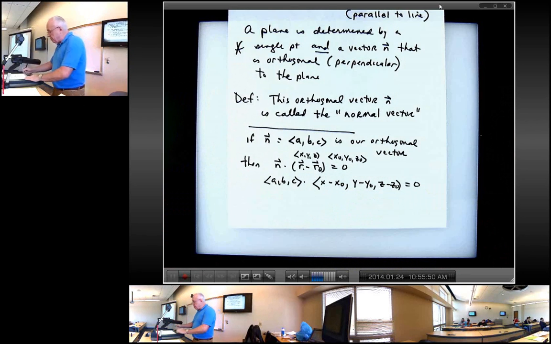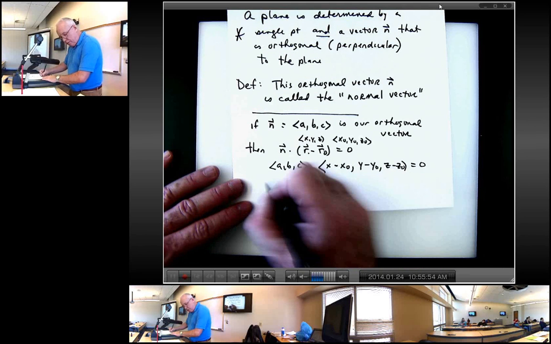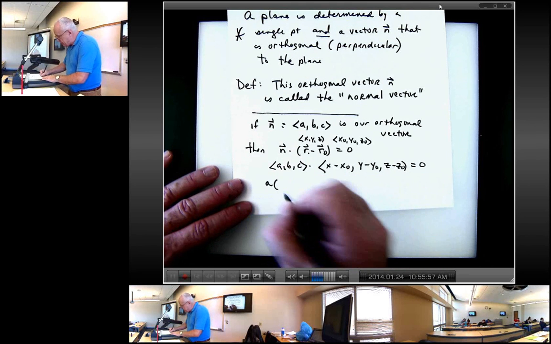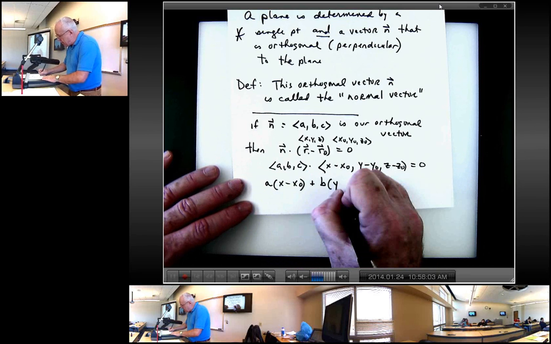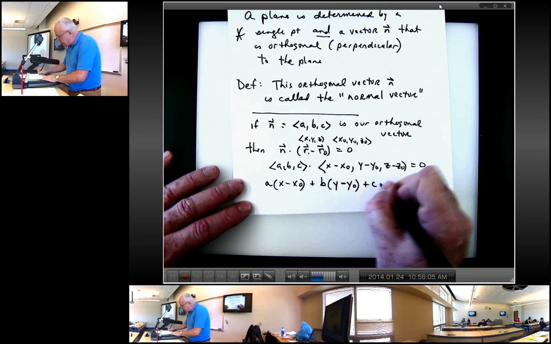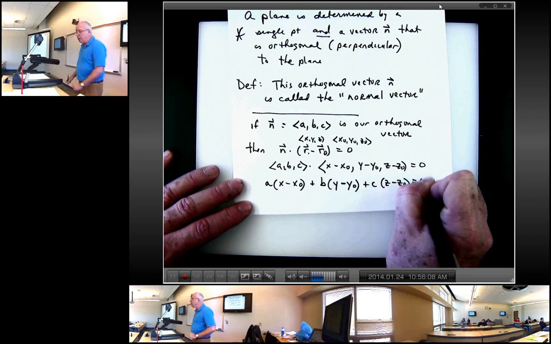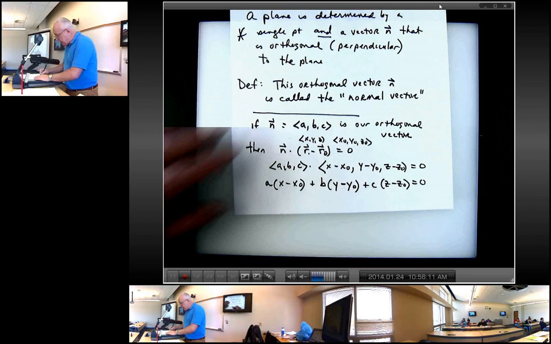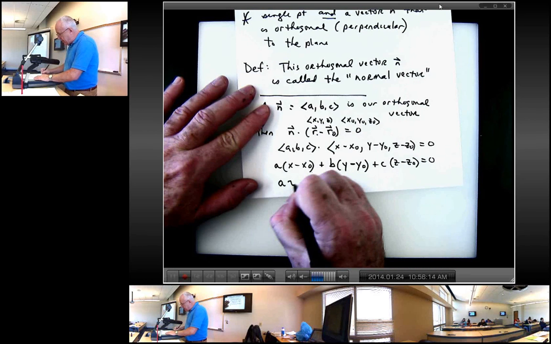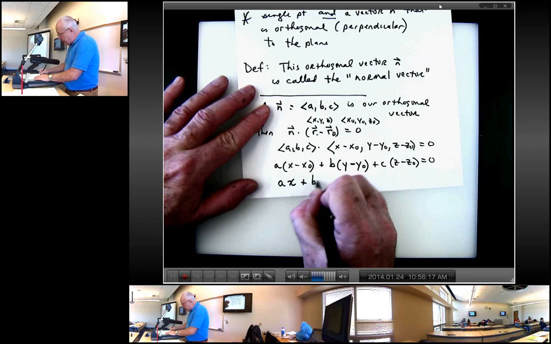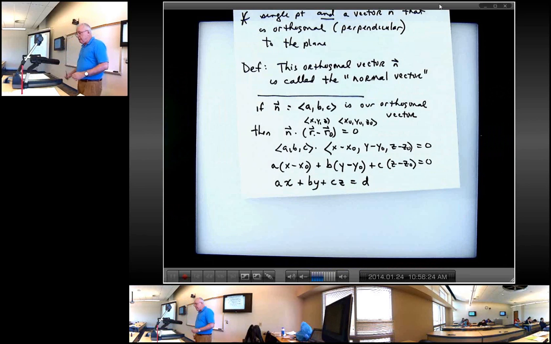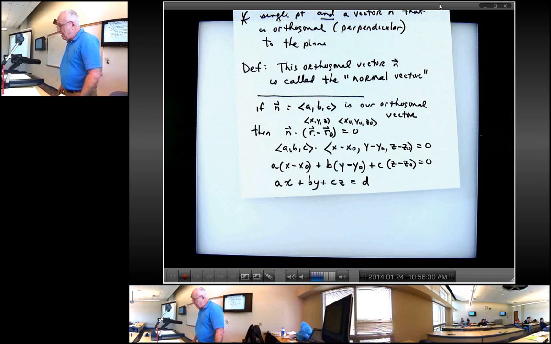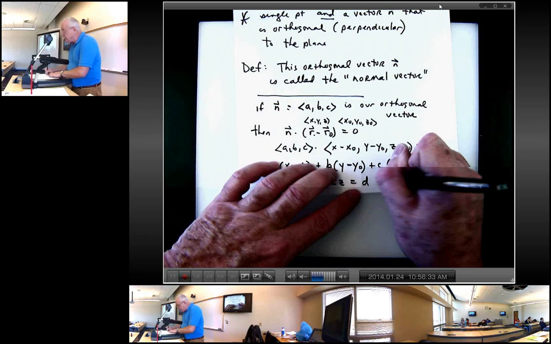Then multiply all the similar components together: A times X minus X naught, plus B times Y minus Y naught, plus C times Z minus Z naught equals 0. If we collect all the like terms, we get A times X plus B times Y plus C times Z equals some number that I'm calling D. All I'm doing is collecting all the plain numbers and putting them over on the other side. This is the equation of a plane.